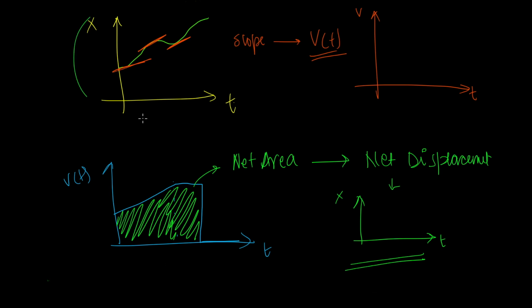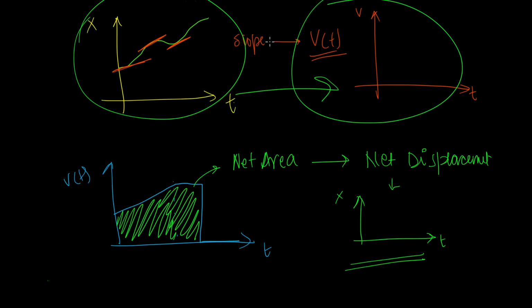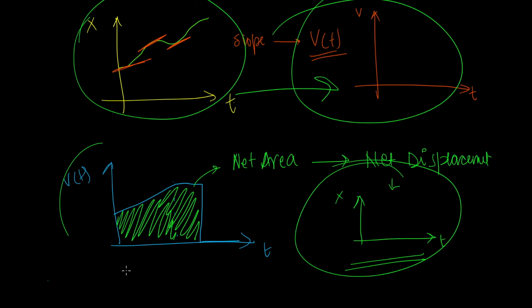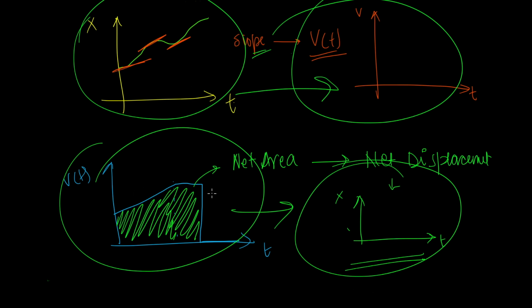So we have shown how to go from x versus t to v versus t, and we've also shown how to go from v versus t to x versus t. So that is how motion is analyzed. That is how motion in one dimension is analyzed. So I hope this video made sense to you, and I hope it helped you to understand the importance of slopes and areas and how integral a part calculus becomes when we deal with complex motion.